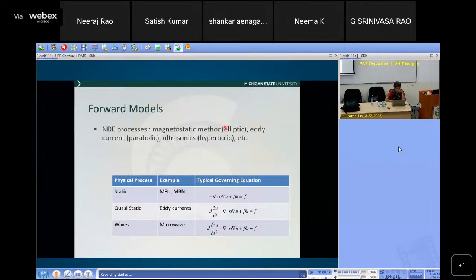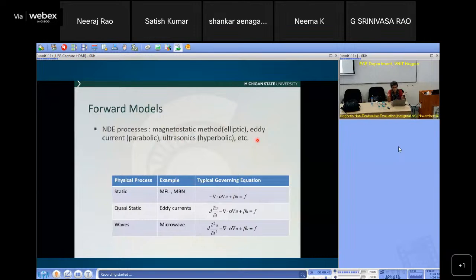Okay, so this again is on the forward model. All NDE processes fall under one of these three different classes of differential equations. For example, when you have magnetostatic, we have an elliptic equation that is shown over here. If you have eddy current, that is a diffusion equation.